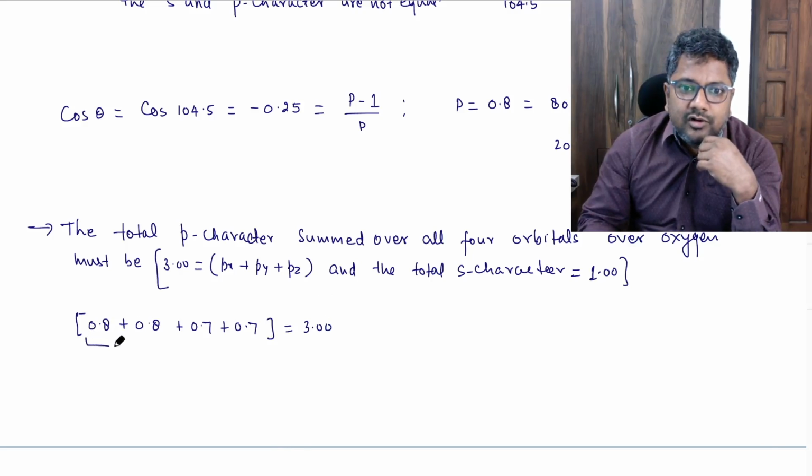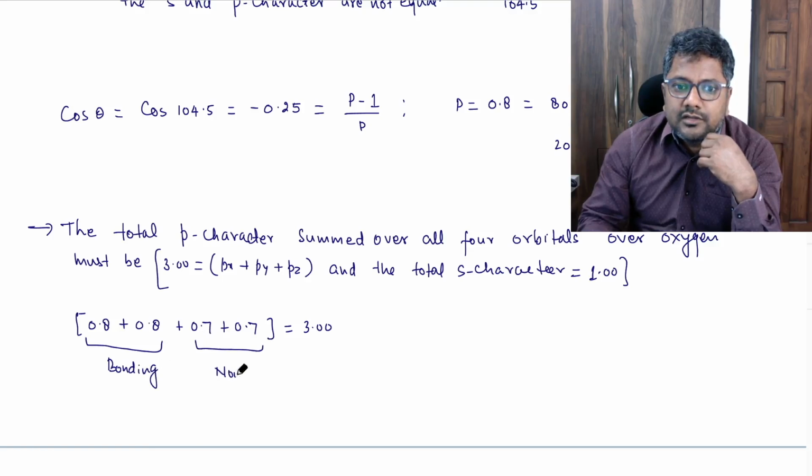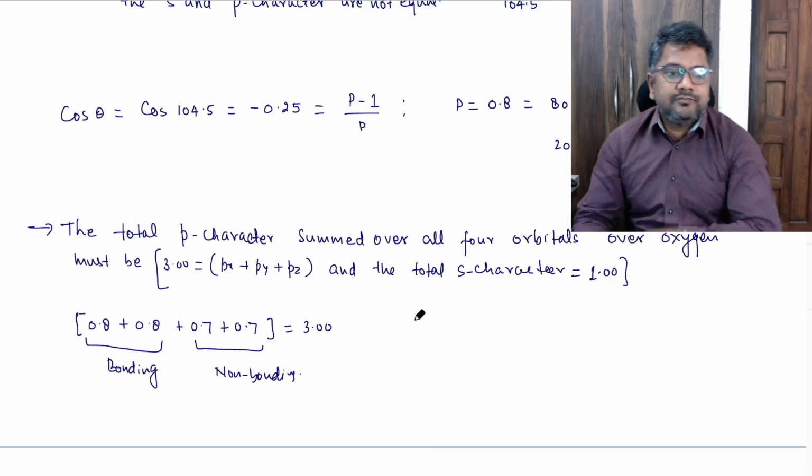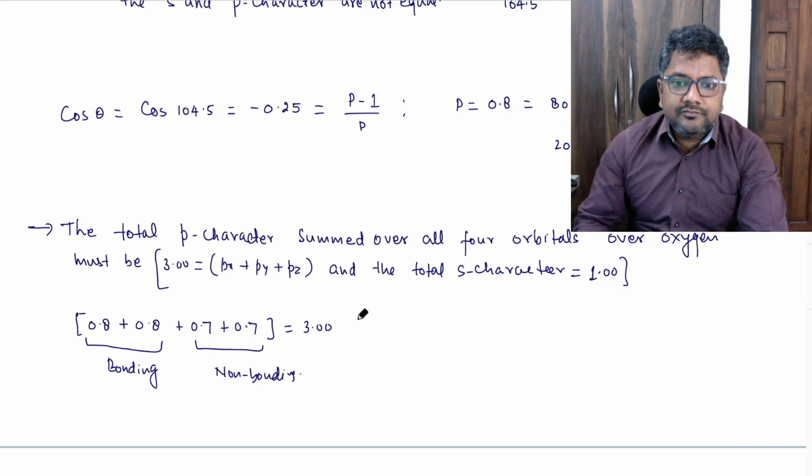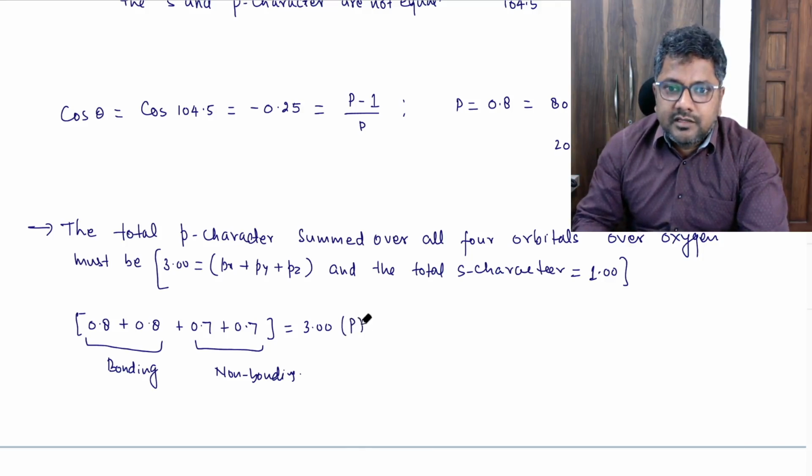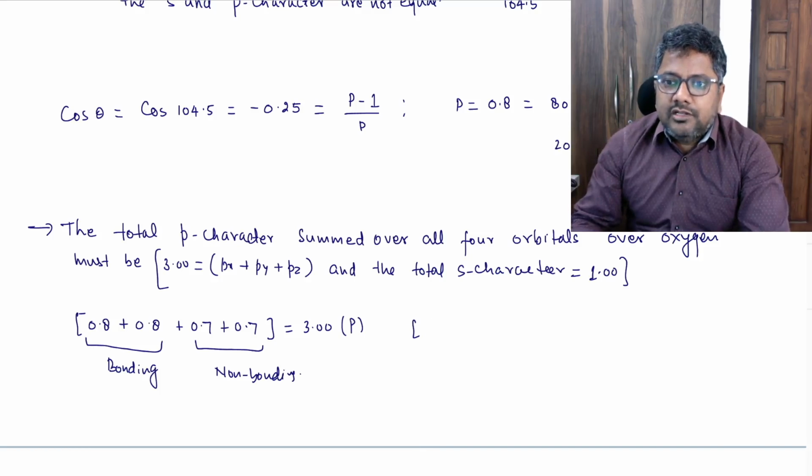These two are bonding and these two are non-bonding. Right? And similarly, this is P. And now come to the S. For S, in the bonding 20%, so 0.2 plus 0.2 plus.